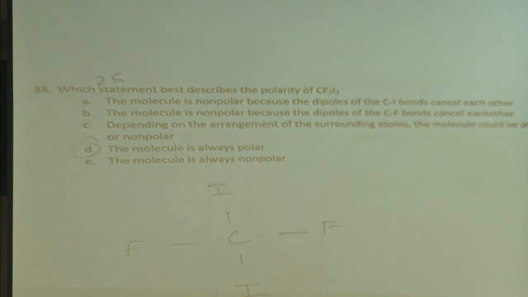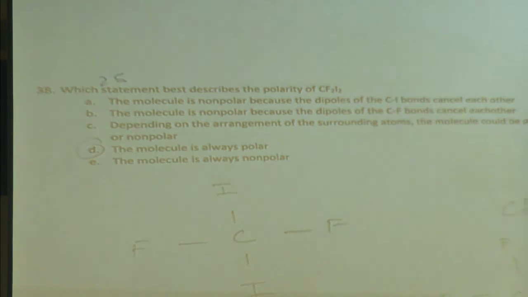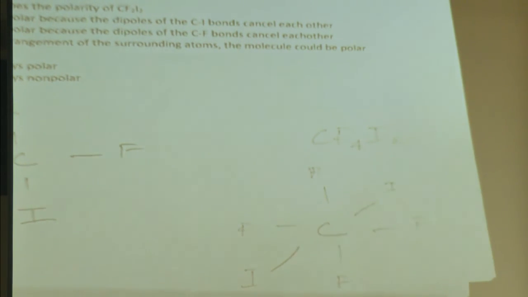The only way a structure like this could be nonpolar is if we had CF4I2. And what we would see is F, F, F, F, and then I. Now, the geometry of this is octahedral. Now, this is where everything is. There's 2 different planes. We have that square planar plane, which is a bond coming out of my stomach, my two arms and a bond coming out of my back, and then we have these iodines, which are on the top and bottom, like my head and my feet.